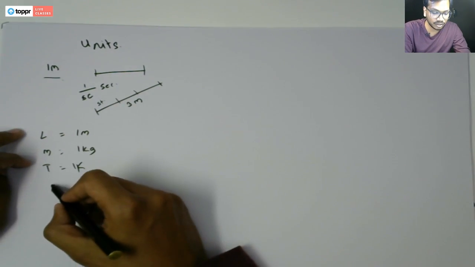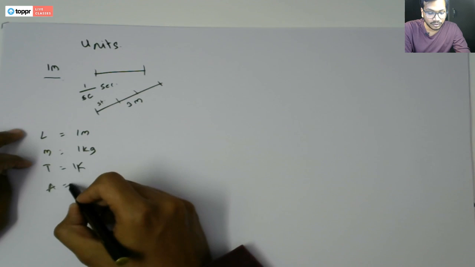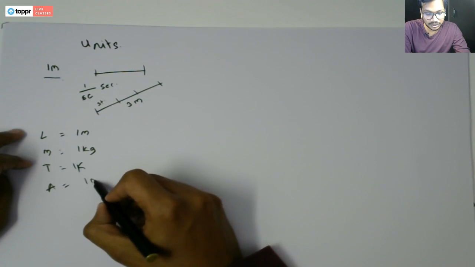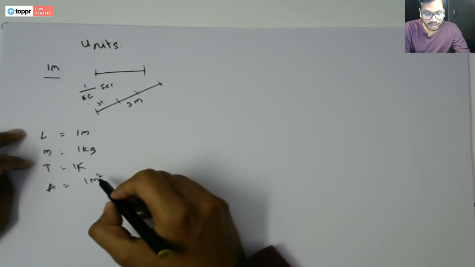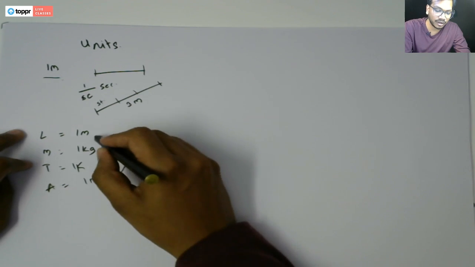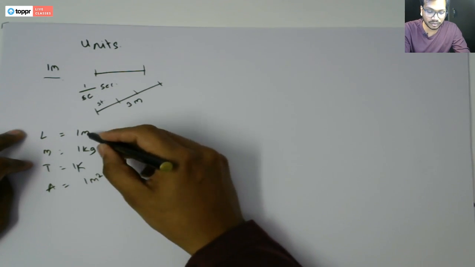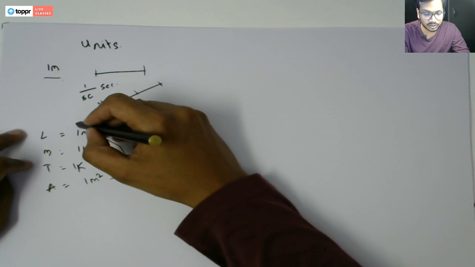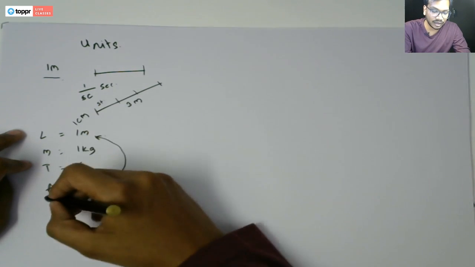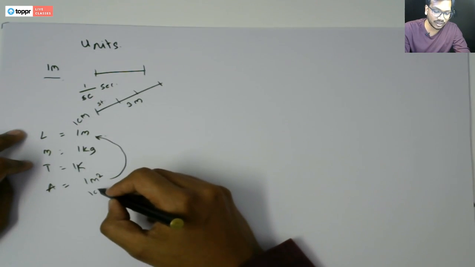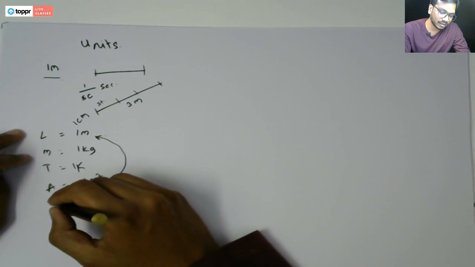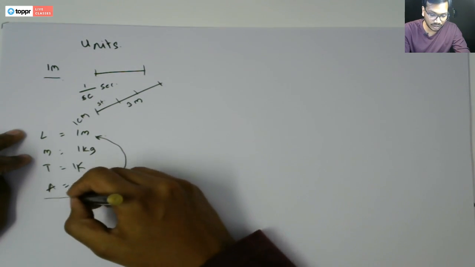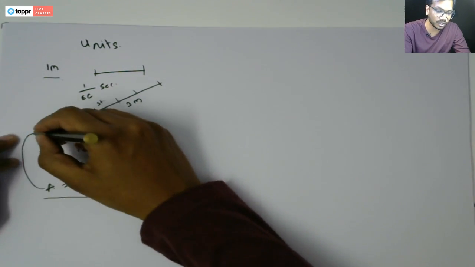Let's consider another unit, area. The standard unit for area would be 1 meter square. But 1 meter square is dependent on the standard of length, right? If the standard of length was 1 centimeter, the standard of area would have been 1 square centimeter. So the unit for area is derived from the unit of length.